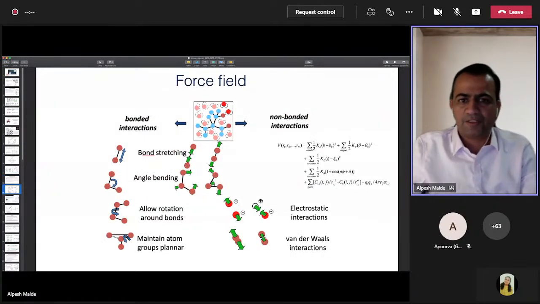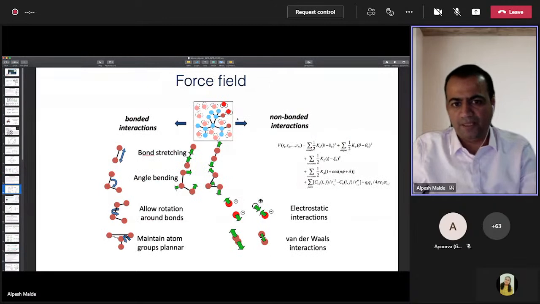Now here we demonstrate what a force field means. We have a molecule with atoms connected by bonds. The description of this molecule is split into two parts, bonded interactions and non-bonded interactions. The bonded interactions combine the stretching parameters for the bonds, bending parameters for the angles, and rotation around the dihedrals, plus some bonded parameters to retain planarity.